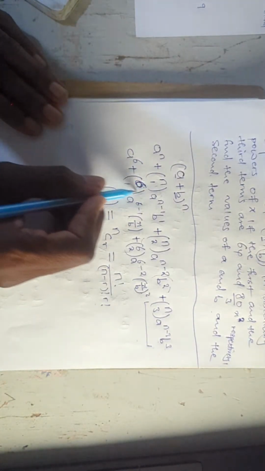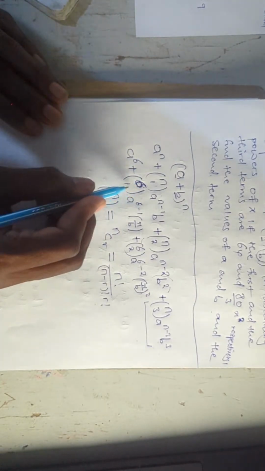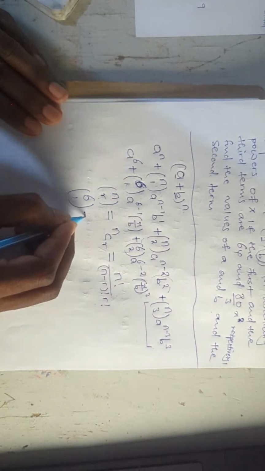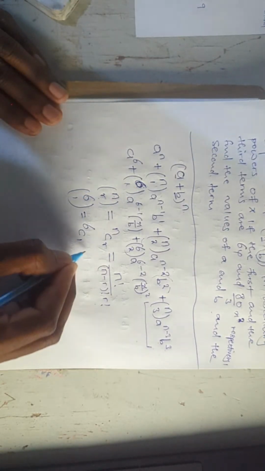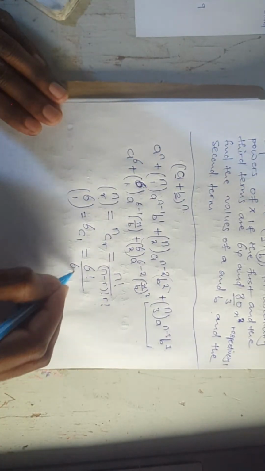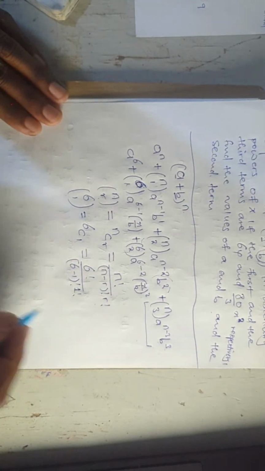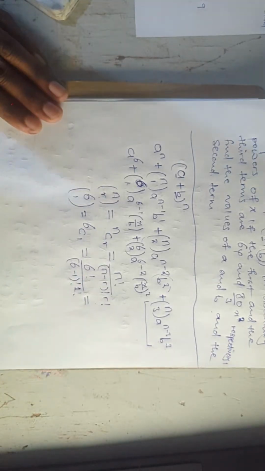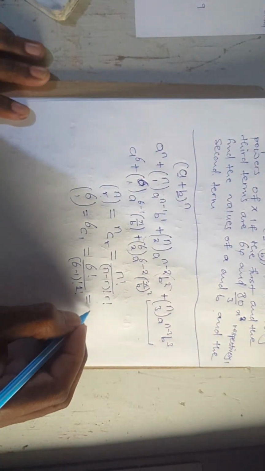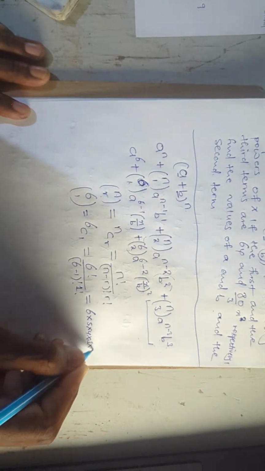We need to simplify this. Remember, our n, which is 6 here, our r is 1, so this is 6, 1, the same as 6 combination of 1, which is equal to 6 factorial over 6 minus 1 factorial and 1 factorial. Do you still remember what 6 factorial is, or what the meaning of factorial is? The meaning of factorial simply means 6 by 5 by 4 by 3 by 2.